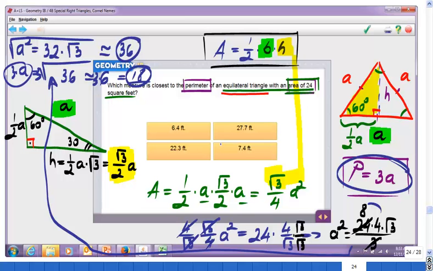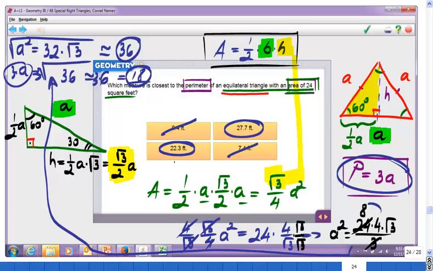But now I'm going to check among my possibilities. One of them is 6.4. That's definitely not good. The other one is 7.4. That's also not good. And now I have to choose between 22.3 and 27.7.